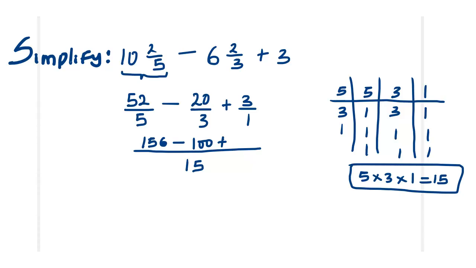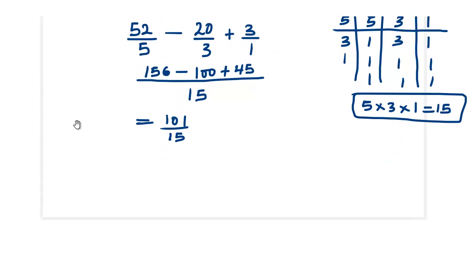Then 15 times 3, and this one will give us 45. So the next thing is for us to add all this. So we have 156 minus 100, and that will give us 56. Then 56 plus 45, that will give us 101. So this will give us 101 divided by 15, right? But if you look at this, it is an improper fraction.